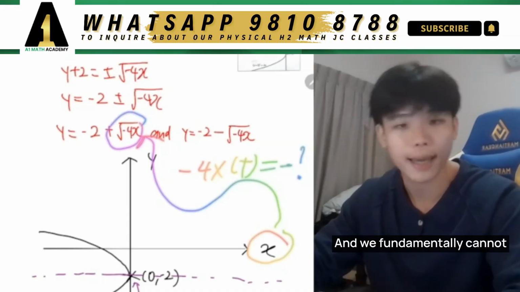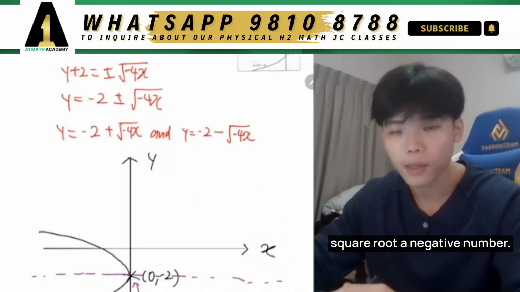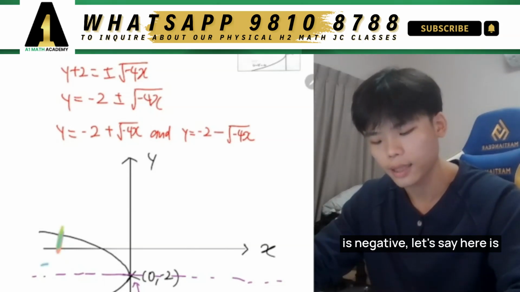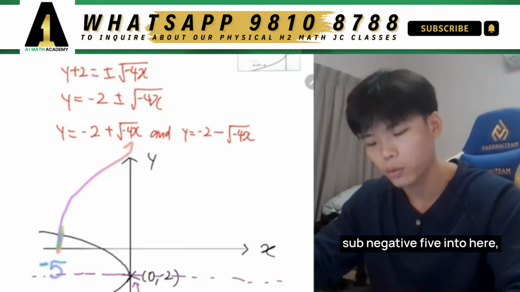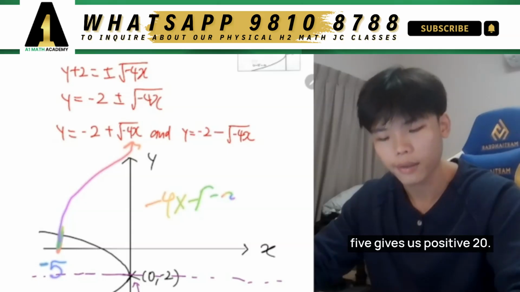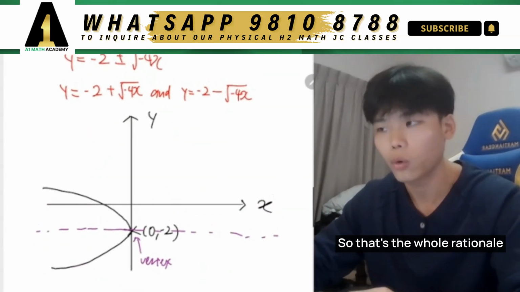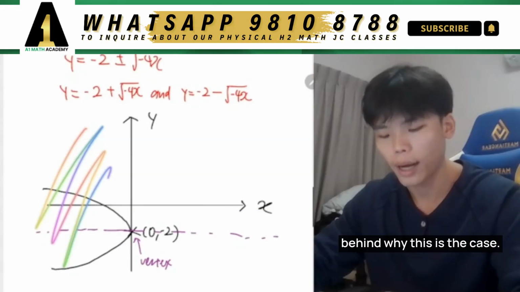And we fundamentally cannot square root a negative number. That's why the x value to begin with has to be negative, right? Because then when the x value is negative, let's say here is -5, then when we substitute -5 into here, -4 times -5 gives us +20, and this is a number that is square rootable, right? So that's the whole rationale behind why this is the case.